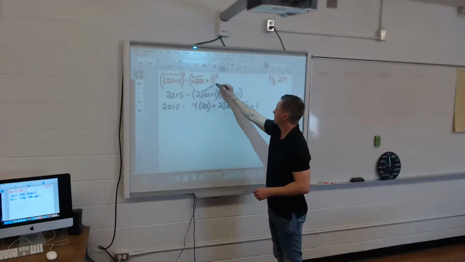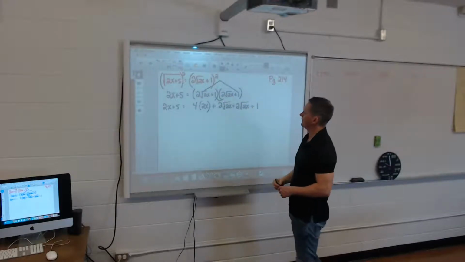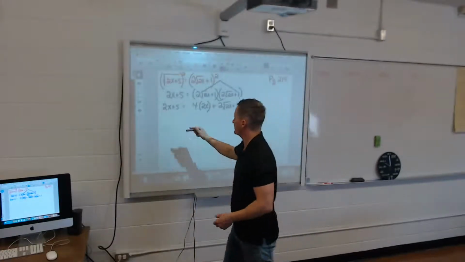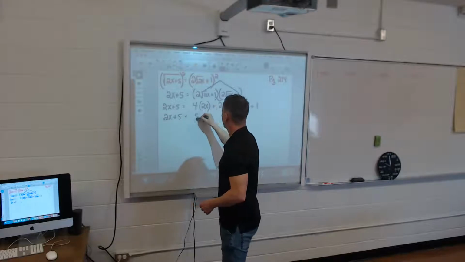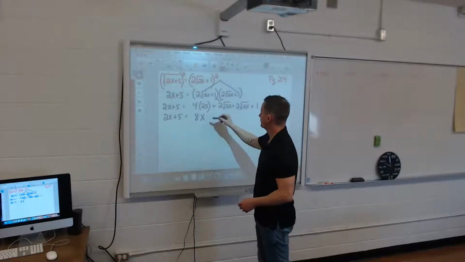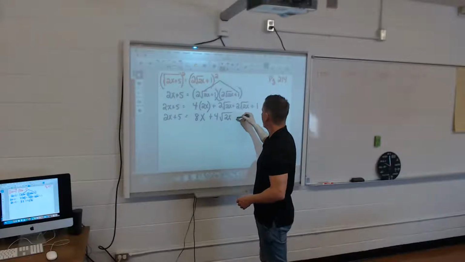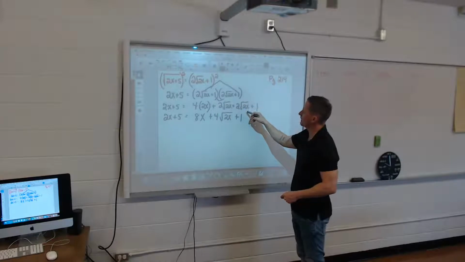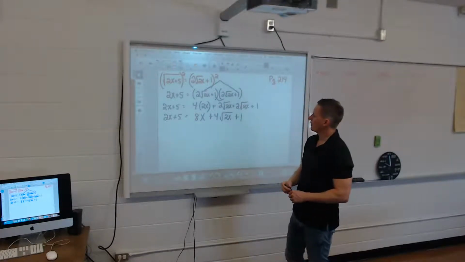My outside is that. My inside is multiplying those together. Now I have to simplify all of this first. That's 8x. This is 4 root 2x plus 1. I have 2 root 2x's and 2 root 2x's, so I add them together to give me that.